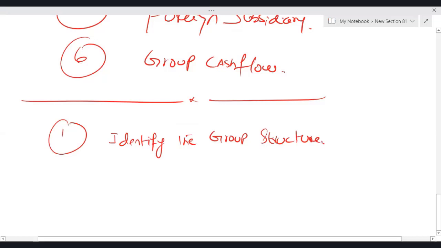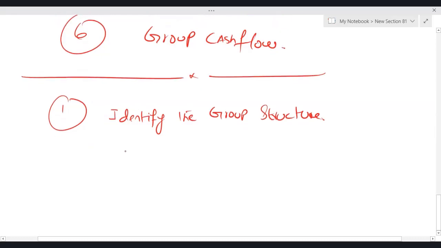Identifying the group structure means you should be able to identify what is the holding of parent. Let's say if there are 2 subsidiaries, what is the parent holding in subsidiary 1, subsidiary 2? What are the holding percentages of NCI? If there is any associate, what is the holding of parent in associate? So step 1 is just identify the group structure.